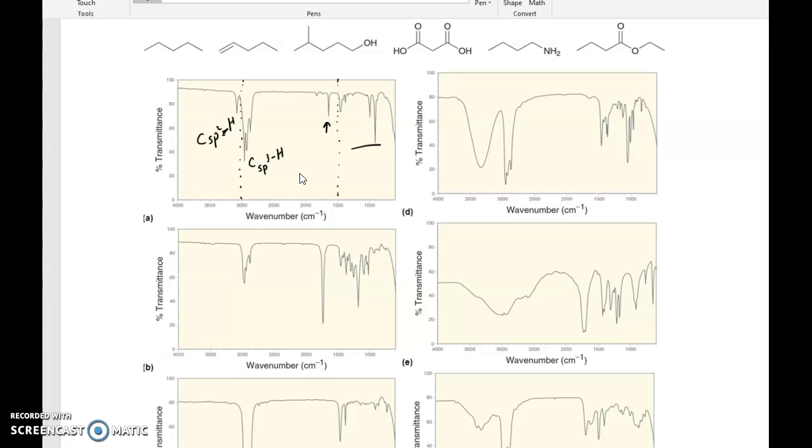I think this is a carbon-carbon double bond. There is no ketone, so we know it's not this one or this one. So I would vote for that compound right here.